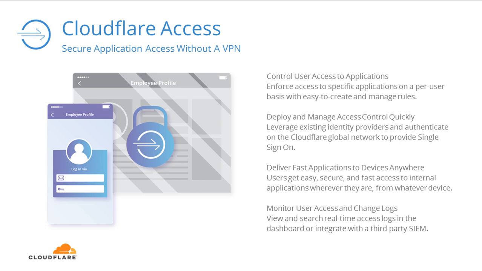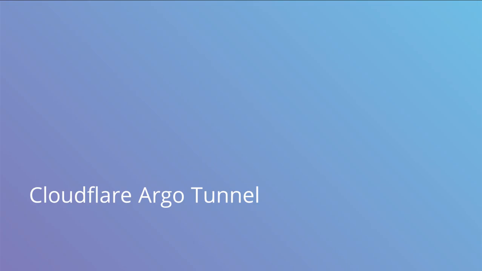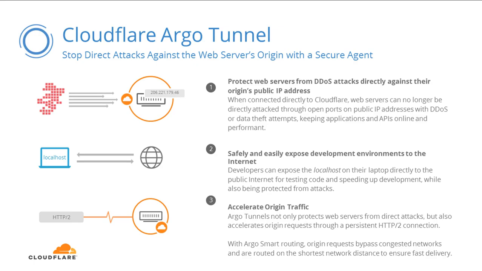So the next thing we're going to talk about is Argo Tunnel. Argo Tunnel is almost an extension. I don't know how many of us on this call are familiar with Argo Smart Routing. The name Argo Tunnel is meant to provide a secure encrypted tunnel between the origin server and the Cloudflare edge.